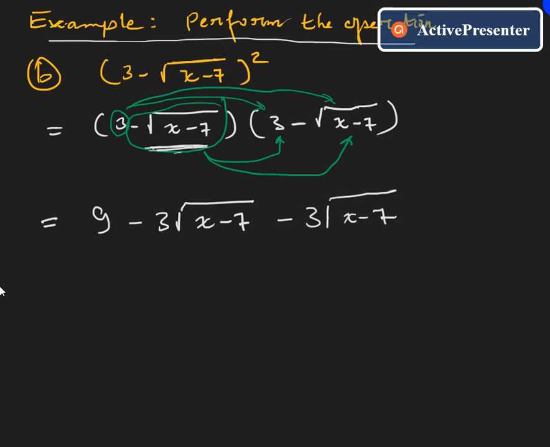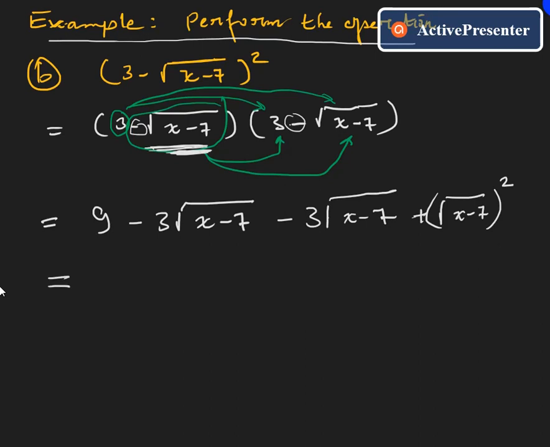Also, minus square root of x minus 7 multiplied in itself: negative multiplied in negative should be positive. So it should be positive square root of x minus 7 all squared. This is how it goes.